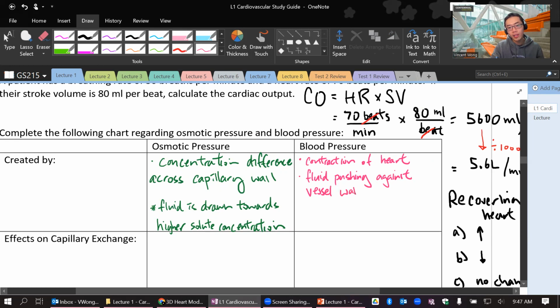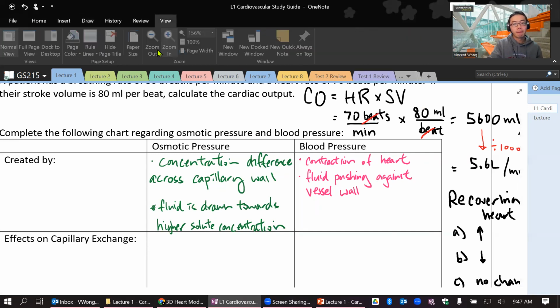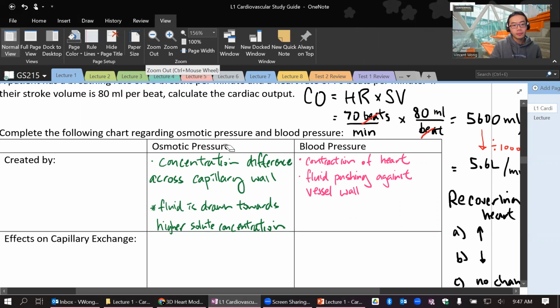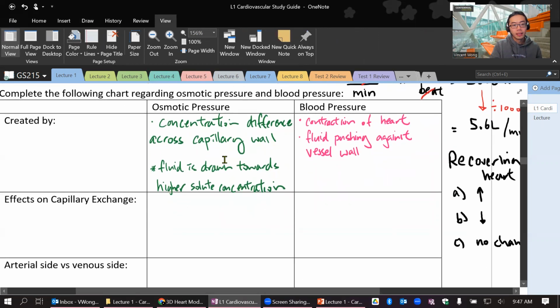I know you wrote all these down already when we took the notes, but it's just nicer to have it all in the table, right? Effects on capillary exchange. Is it drawing fluid into the capillary or pushing it out? Just pause for a second and think about that. You don't have to answer me. Just answer to yourself, okay? Osmotic pressure, is it pushing it out or drawing it in?